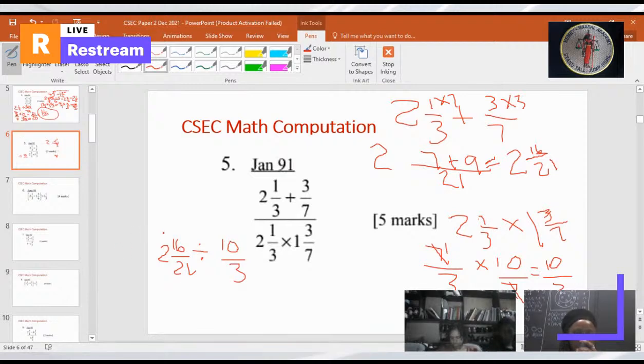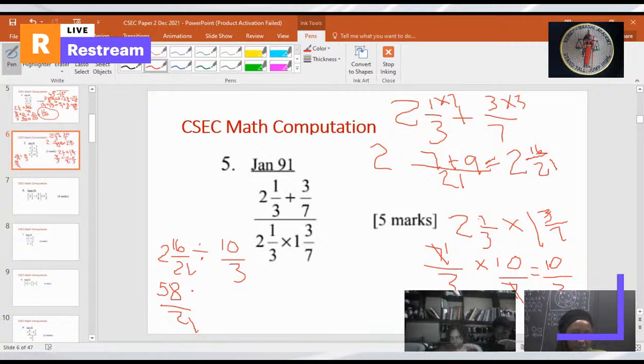So what do we do with this? Next, we're going to change it to an improper fraction. 2 times 21 gives you 42 plus 16 will give you 58/21.